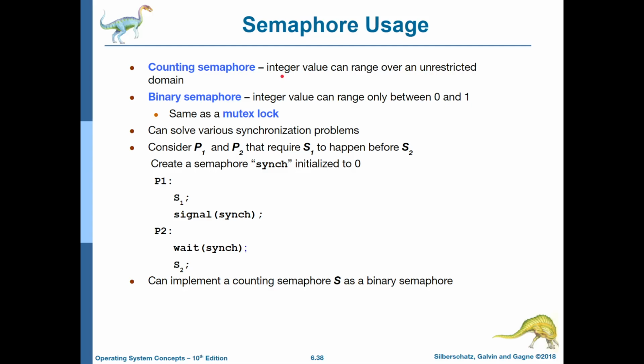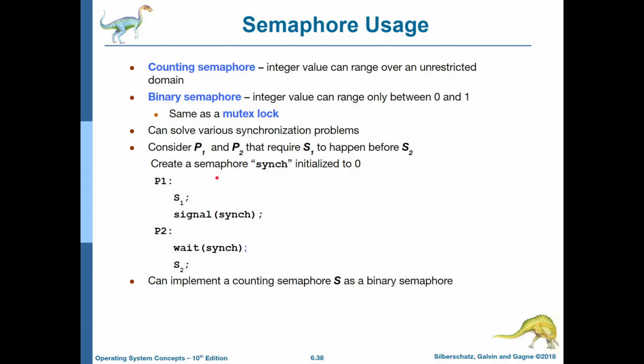And we don't want to allow a process to continue. Say, for example, if there are no empty elements, we want a thread that would add an element to that array to block until an empty element comes into existence. So we can solve lots of different synchronization problems with this.